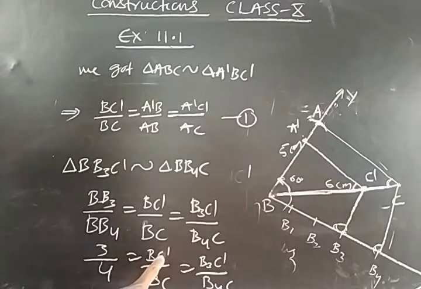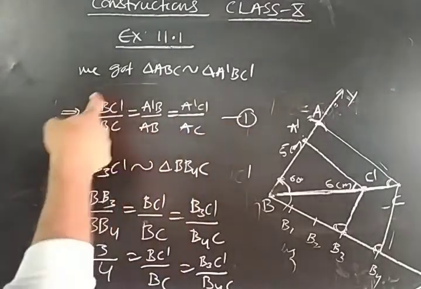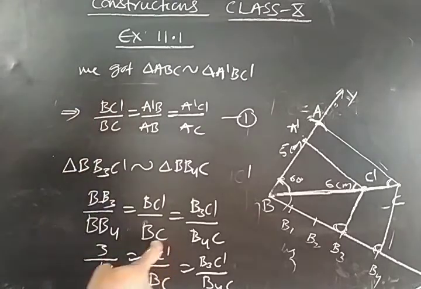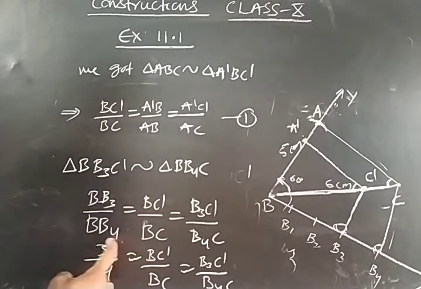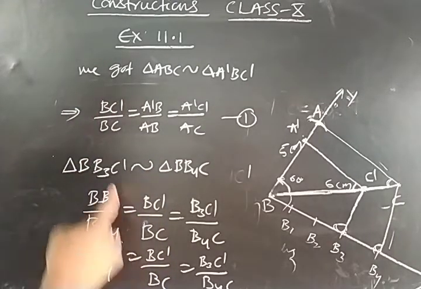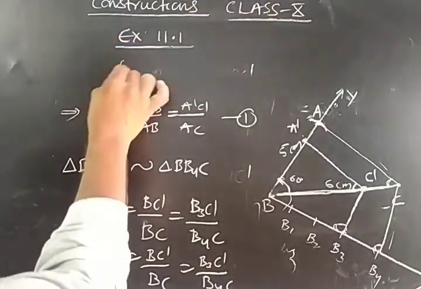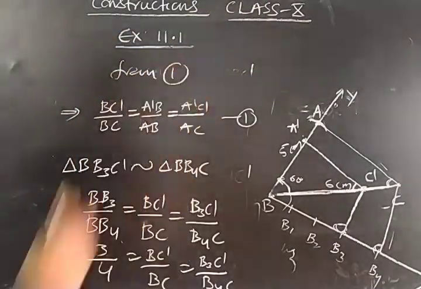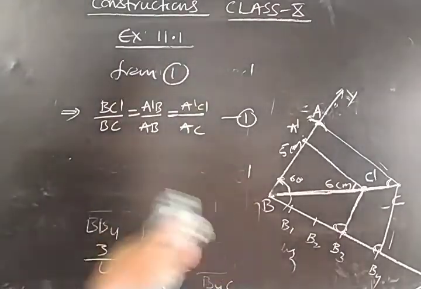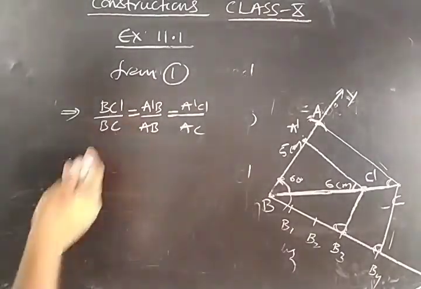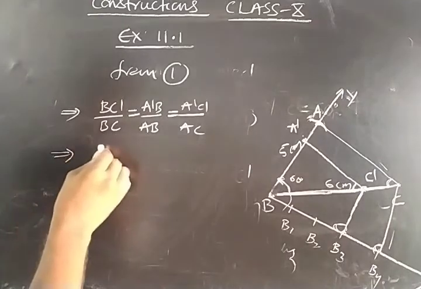So here we can observe that the BC dash by BC ratio is 3 by 4. And observe that in the earlier equation we have BC dash by BC. From this similarity we got 3 by 4, so I am substituting here. From 1 we know this, and we got BC dash by BC as 3 by 4.